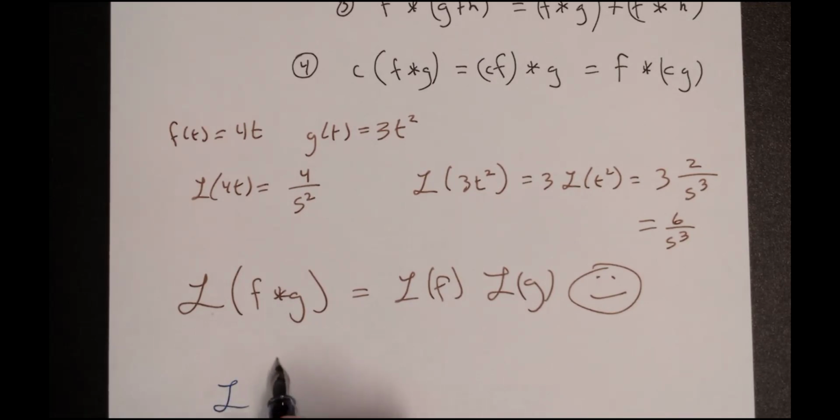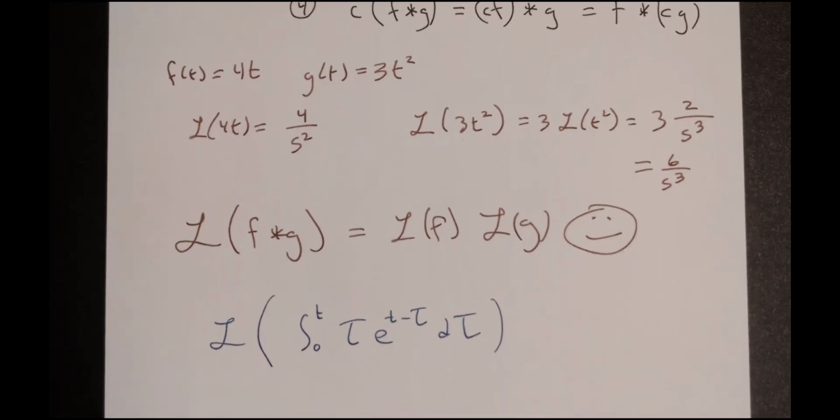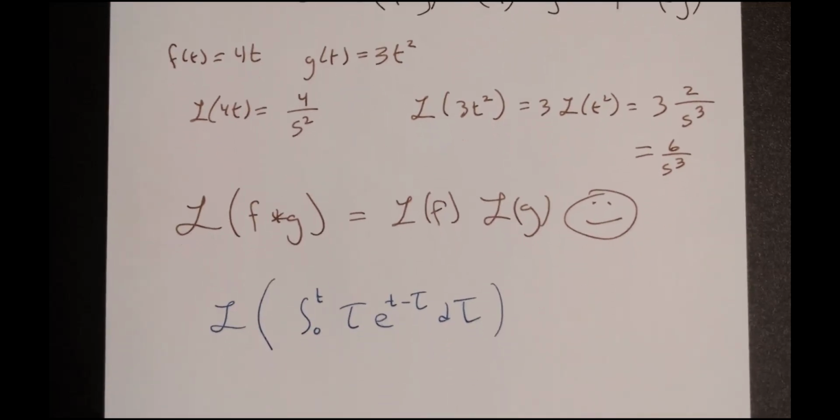Find the Laplace transform of the integral from 0 to t of tau times e to the t minus tau, d tau. See why I hate having taus and t's in the same problem? Twitch, twitch, twitch. But I look at this and I say, wait a minute.